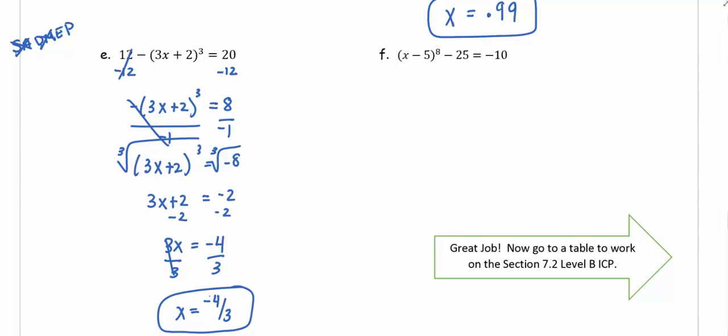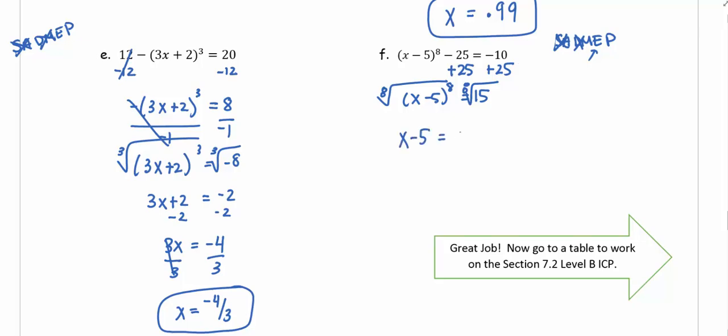Okay, last one. I'm going to write out my order of operations backwards. So I'm going to add and subtract first. That is a plus 25 on both sides. So x minus 5 to the 8th power equals 15. There's nothing to multiply or divide here. So then it is exponents. And remember, we always need to take the root to get rid of the exponent. So that is the 8th root on both sides.